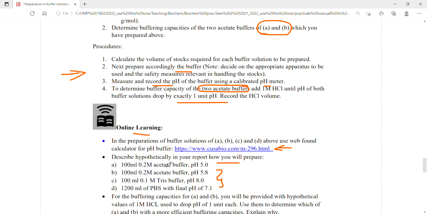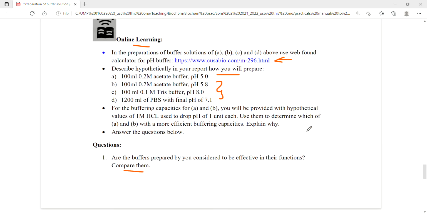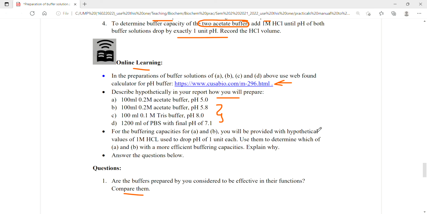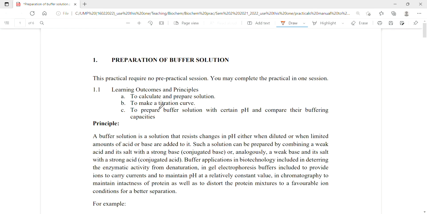So you have to ensure that you refer to the many YouTube videos available on, say, the pH meter, use of the burette, use of the volumetric flask, use of the Erlenmeyer flask. How does the Erlenmeyer flask look like, for that matter? Okay, and also this buffer calculator. All right, I end my session of the video for this preparation of buffer solution.